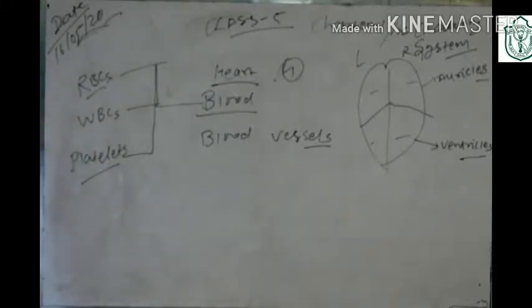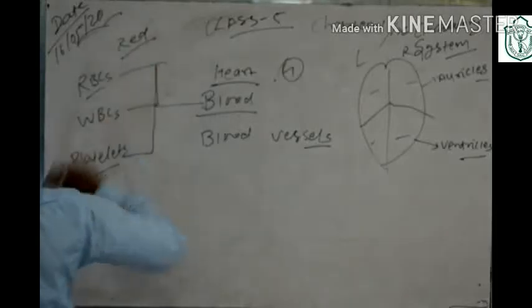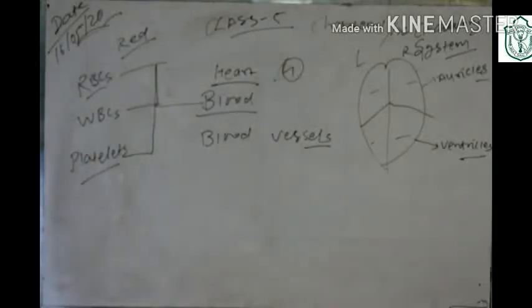The first one is the RBC, which is red in color. Why? Because in blood there is a pigment called hemoglobin. Because of that, our blood is red.